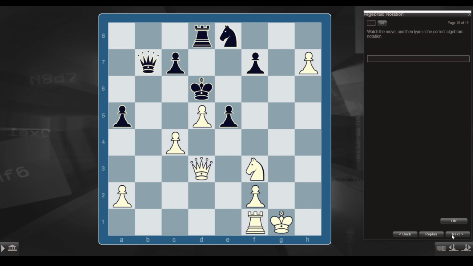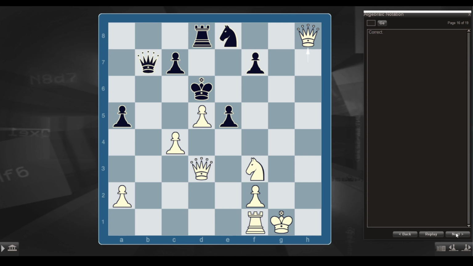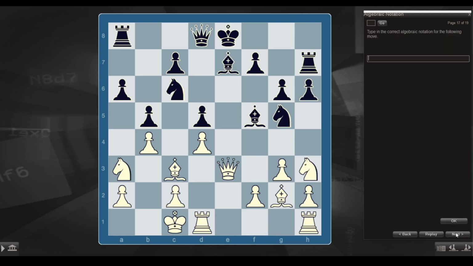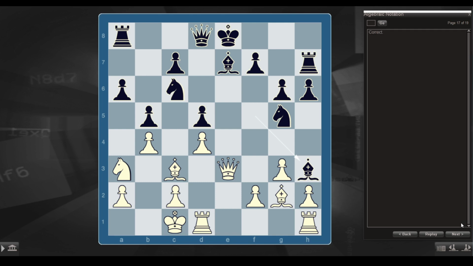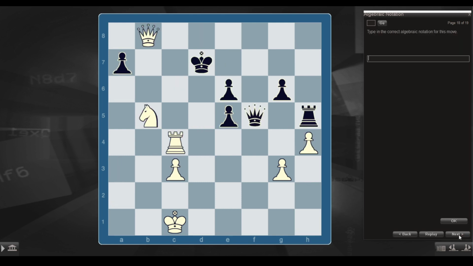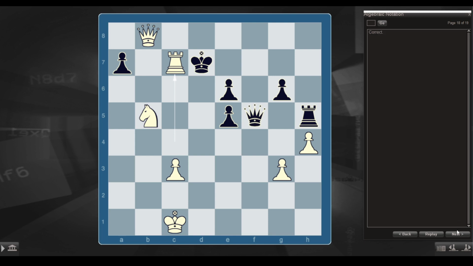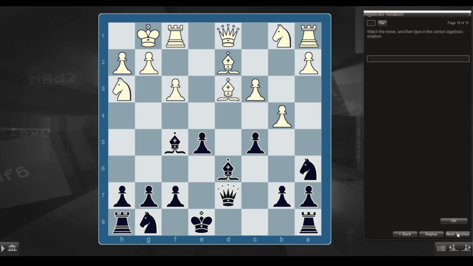Watch the move and then type in the correct algebraic notation. Correct.